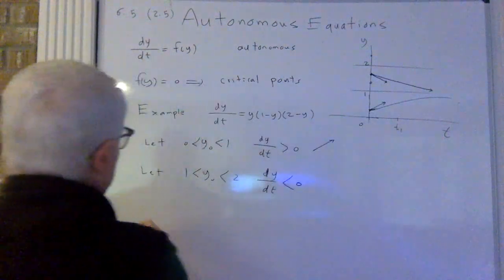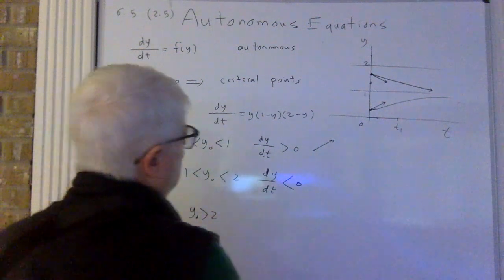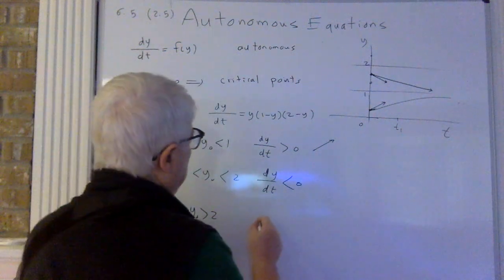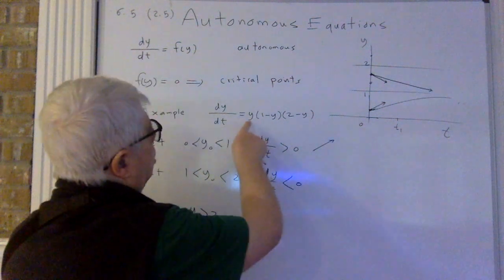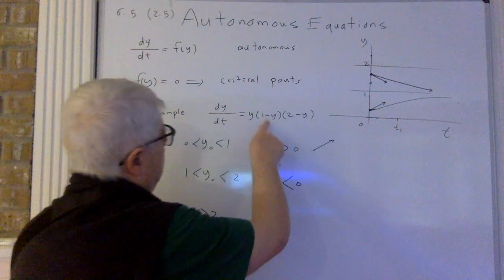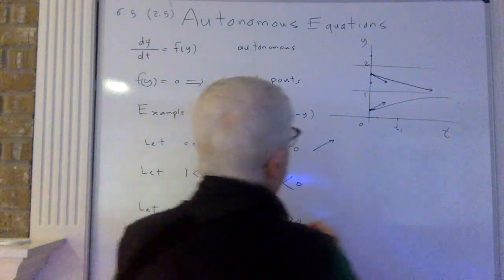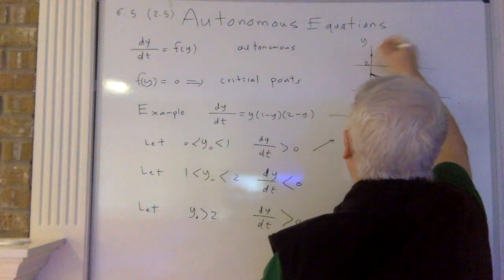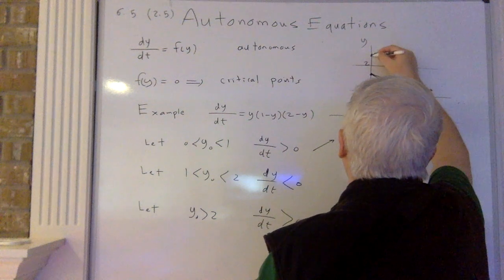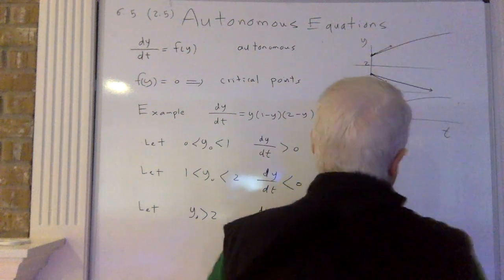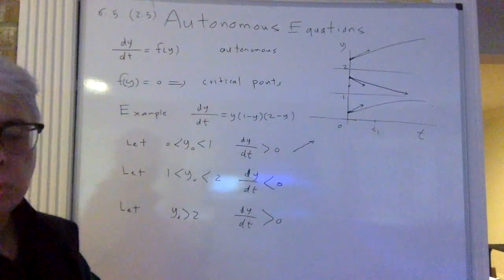The third region is y0 bigger than 2. Then this is positive, negative, negative, so it's positive. If I start somewhere here, the slope is like this, so it starts and goes like this.